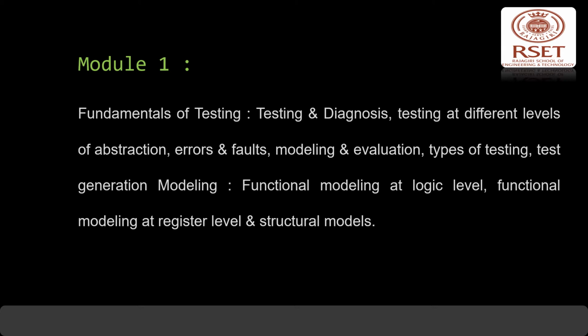The second part of this module includes different modeling techniques like functional modeling at logic level, functional modeling at register level, and structural models. In this series, we'll be discussing the first part of Module 1.